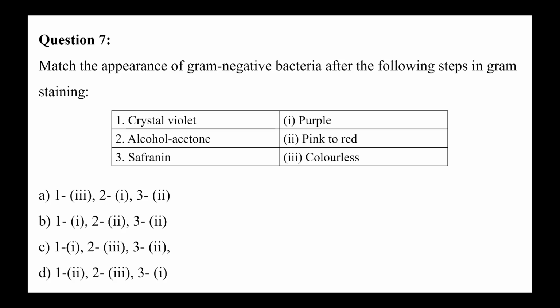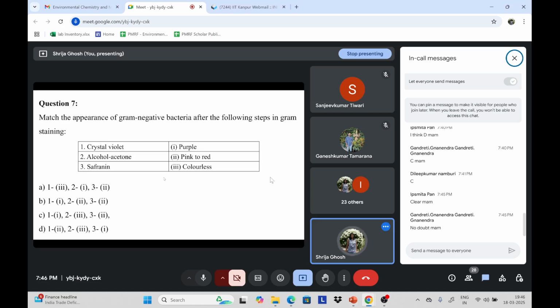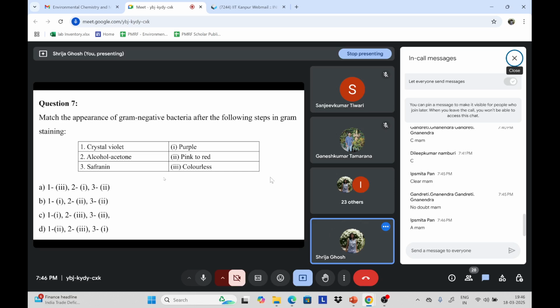You have to match the left column to the right column based on the appearance of a gram-negative bacteria after the following steps in gram staining.